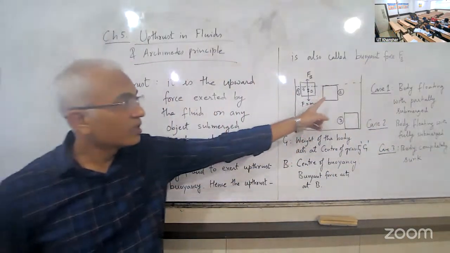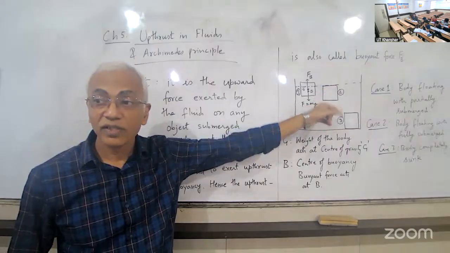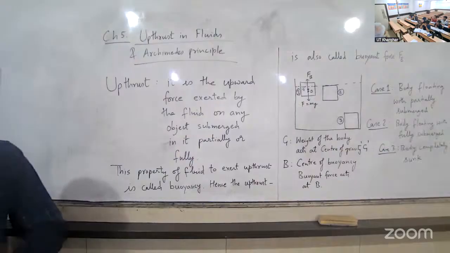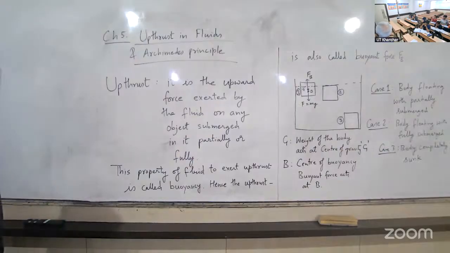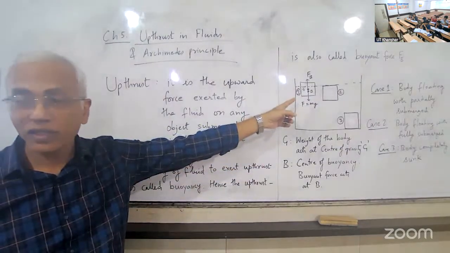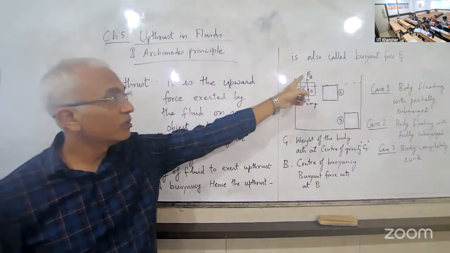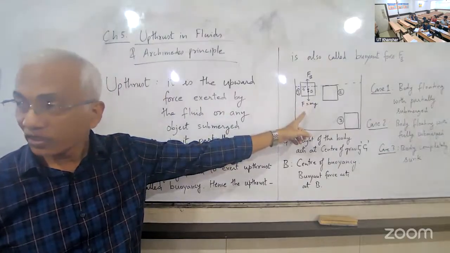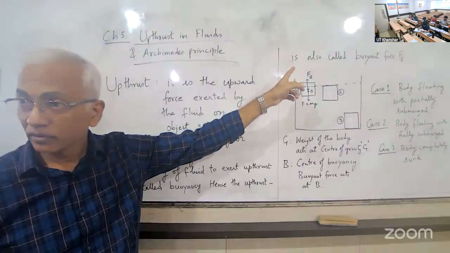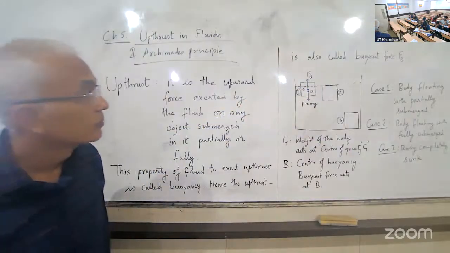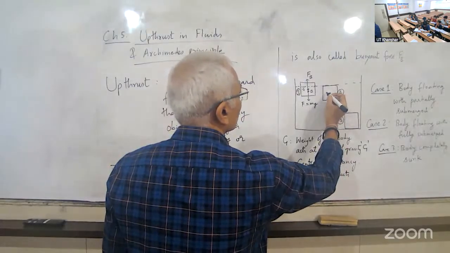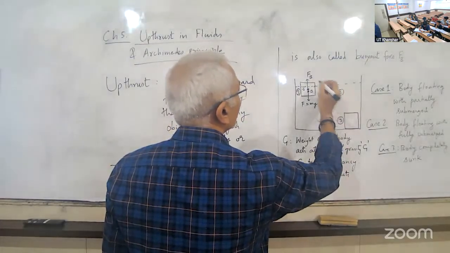So where are the center of gravity and center of buoyancy in the second case? For the first case, obviously the buoyant force must be greater than the weight. That is why the body is floating. So can the center of buoyancy and center of gravity be the same? Yes, that's what it is here. So G and B are the same point here.